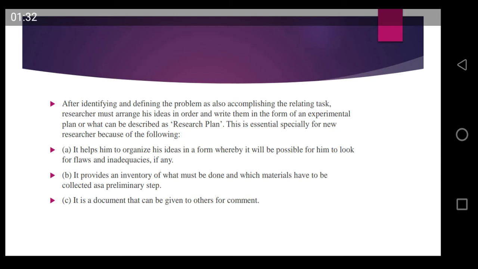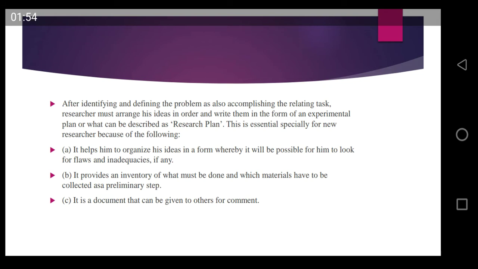In order in the sense that, assume to complete my research problem I require 10 tasks. I need to arrange them, and I need to complete each task also. Once you complete all the tasks, only then are you able to complete the research problem and identify the solution for it.